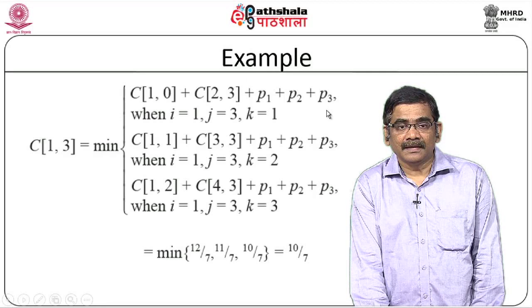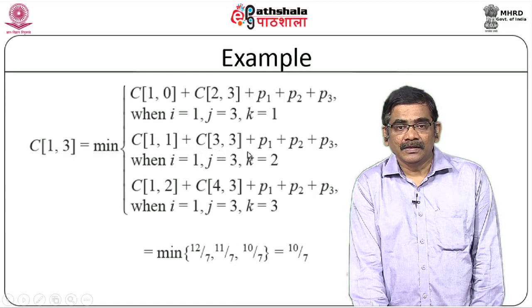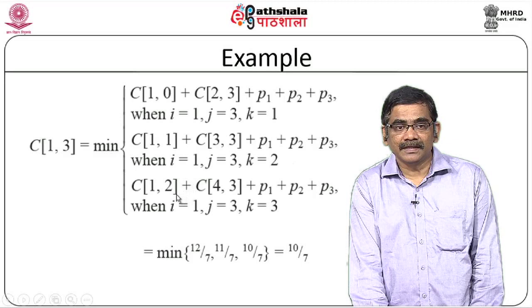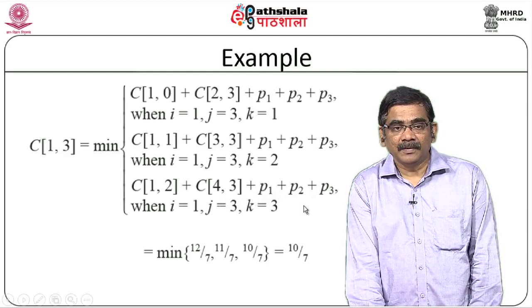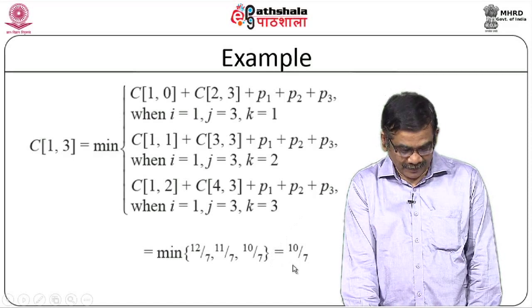Similarly, it is going to be C of 1 comma 1 plus C of 3 comma 3. Another possibility is C of 1 comma 2 plus C of 4 comma 3 plus P 1 P 2 P 3. You can see that the minimum of that is going to be 10 by 7.